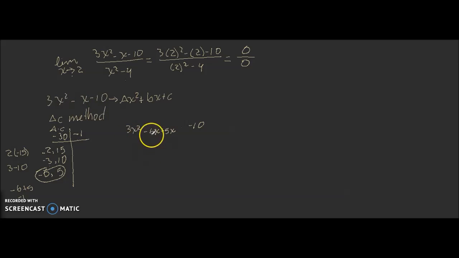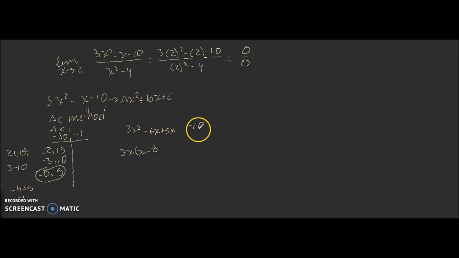Now, what you do is you take out a common factor between these two and between these two and see if it works out. So in our case, 3 is a common factor. Now, x is also a common factor. So I'm going to take out 3x. Inside parentheses, I'm going to have x minus 2. All right.